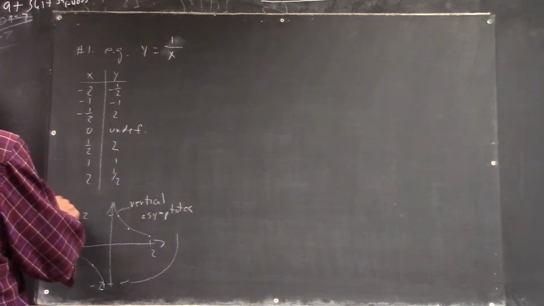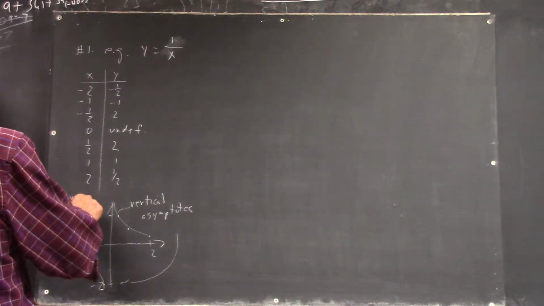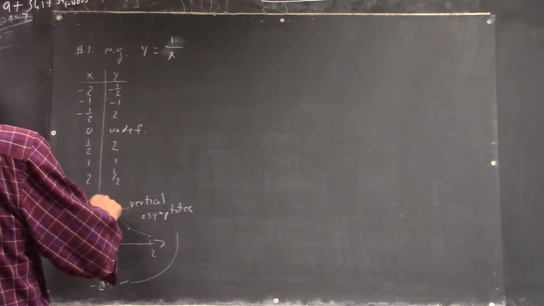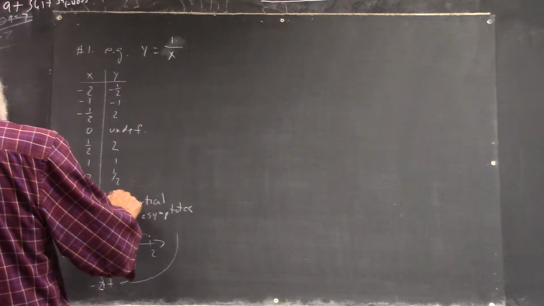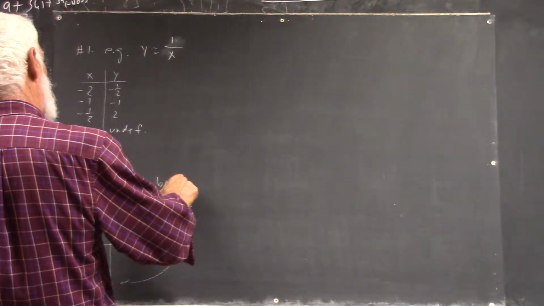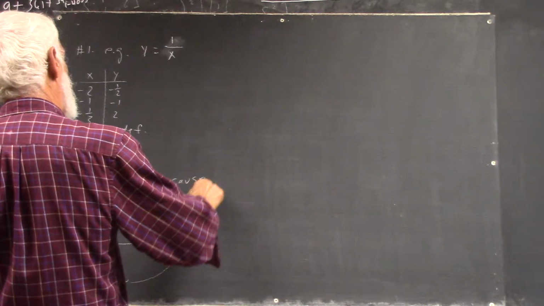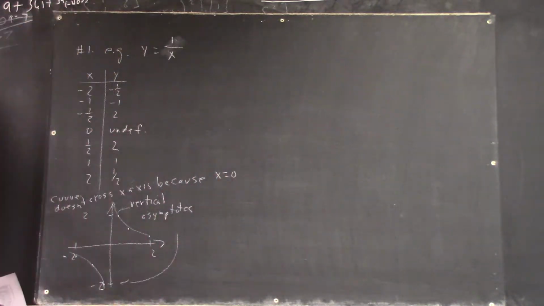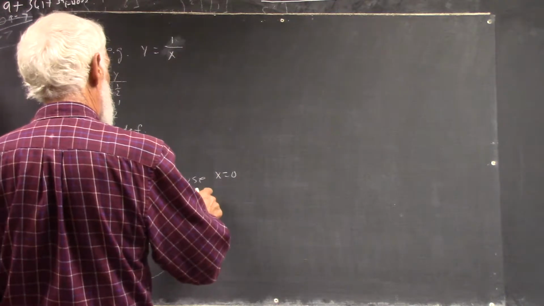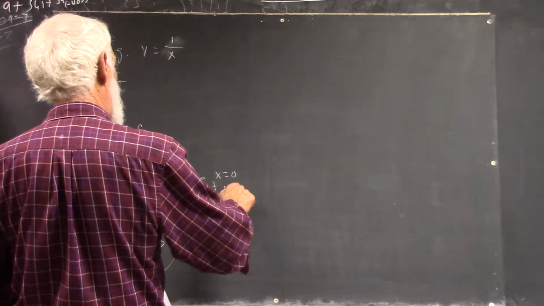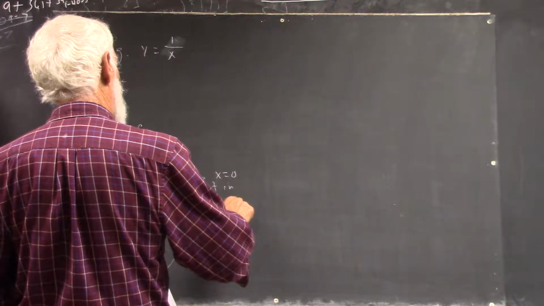And the curve doesn't cross the x-axis because x equals 0 isn't in the domain.